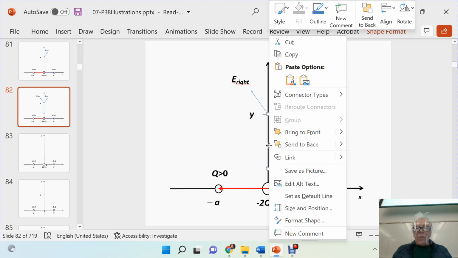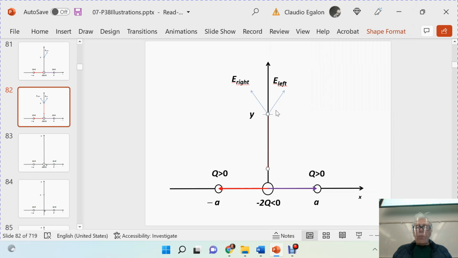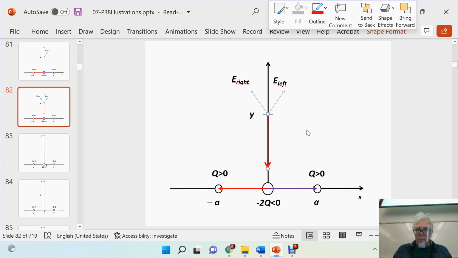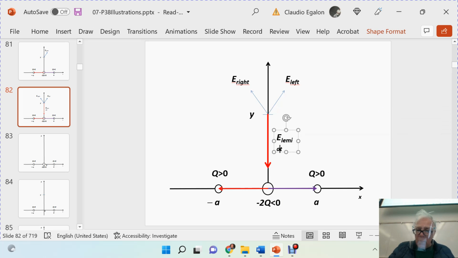I'm going to draw this in a different color and a different size as well. Here you go. E left, E right, E middle.